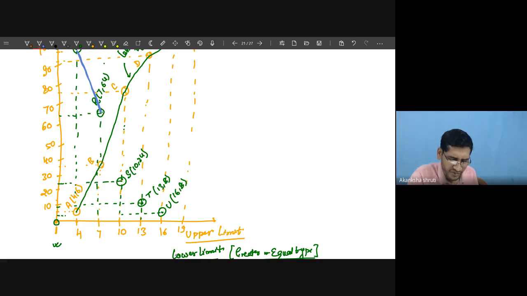We have already connected point R. For 10 is our S to this one. Then for 13 T, you have to join it by the straight line. So this is all about it.